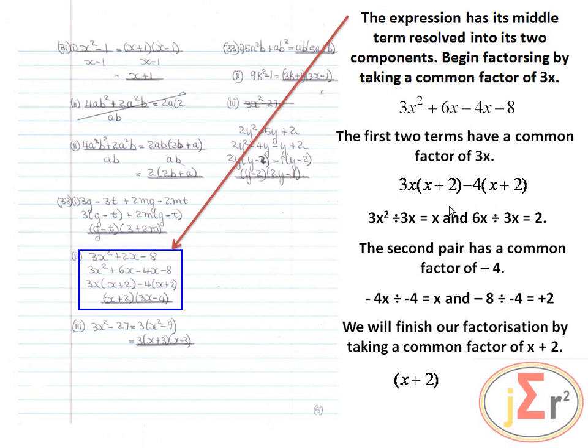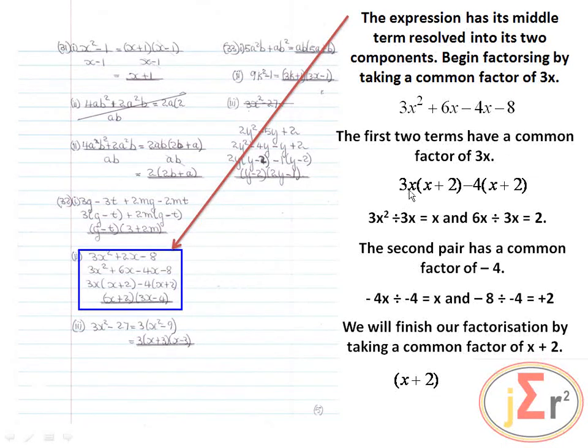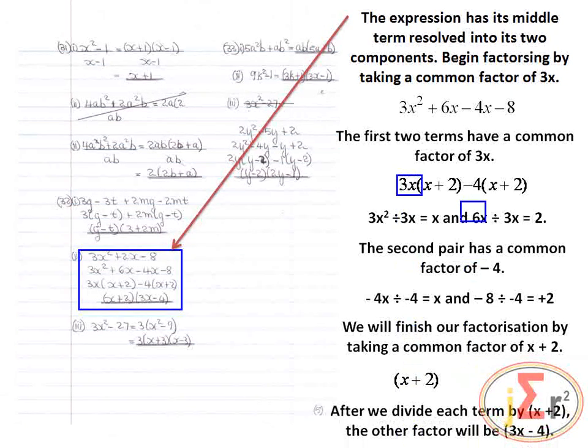After identifying our highest common factor, we divide each term by our highest common factor. So x plus 2 into x plus 2 will cancel and give 3x, and x plus 2 will cancel with x plus 2, and we will have a negative 4, because each term is divided by the highest common factor.